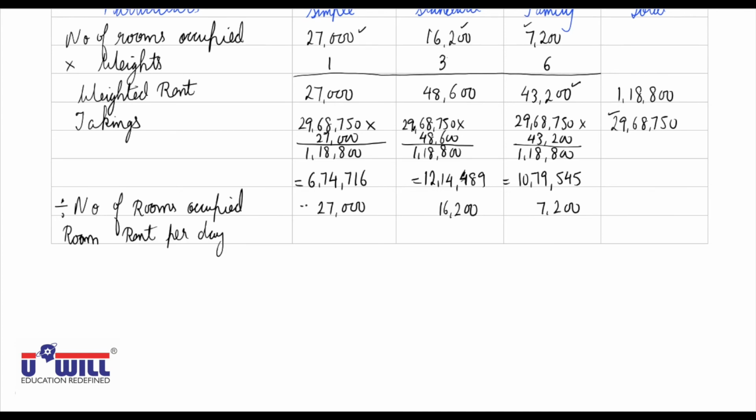If you divide it, you'll get it. So all of you do it. 674,716 divided by 27,000. You all must get 24.99 rupees, means approximately 25 rupees.